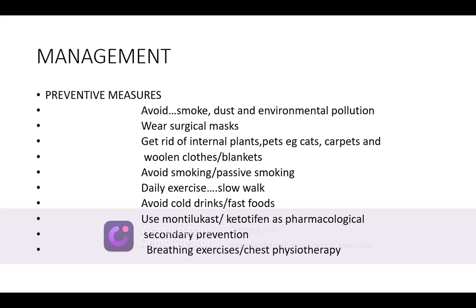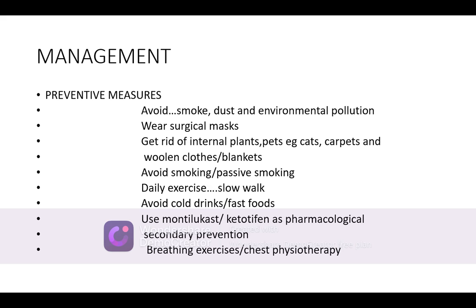These are the sources of allergens or antigens. Avoid smoking and passive smoking, both can cause it. Daily exercise should be done as a slow walk, because exercise-induced asthma is also seen. Then it is again the intrinsic type of asthma. Avoid cold drinks and fast foods.